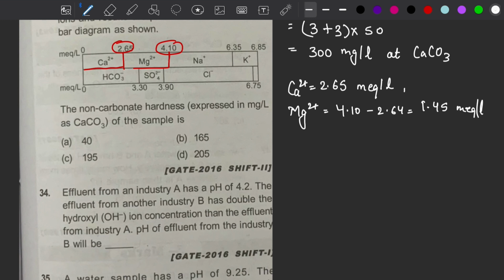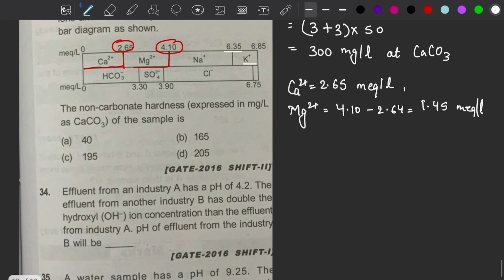Sodium also we could get by subtracting, but we don't need sodium, potassium, sulfate and chloride. For alkalinity we need the bicarbonate, which is 3.3 milliequivalent per liter.